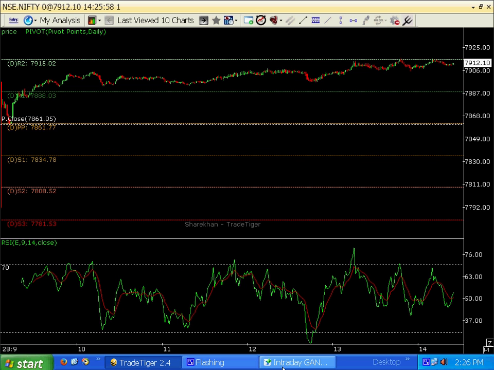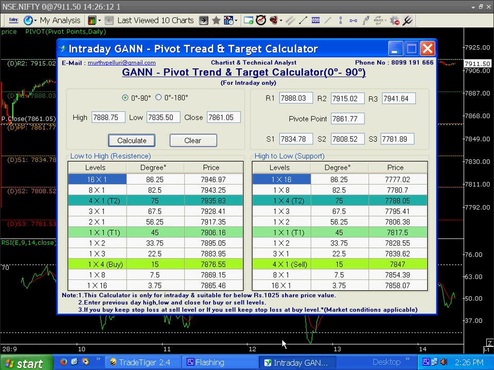Let us see how the Nifty has moved. The Nifty has moved to 7915. I am talking about the spot; in the future also we can calculate in the same manner. So it has gone up to 7915. If we were able to enter at the 7880 level, here is 7915, approximately 35 points difference.